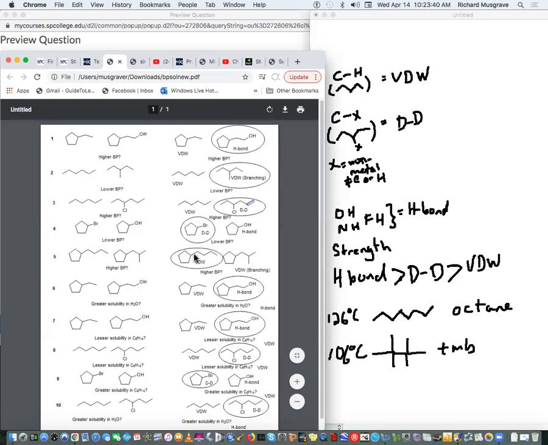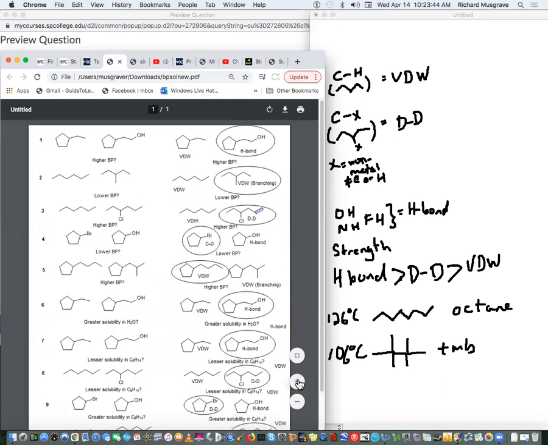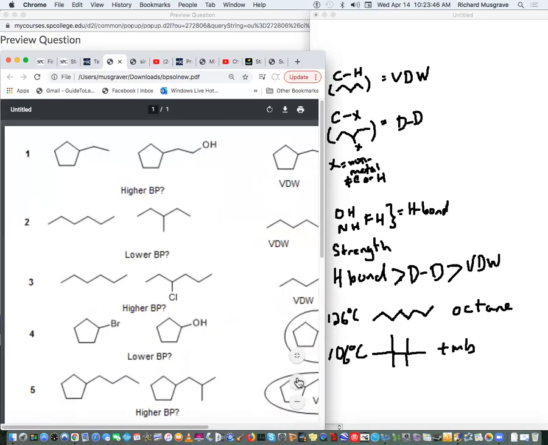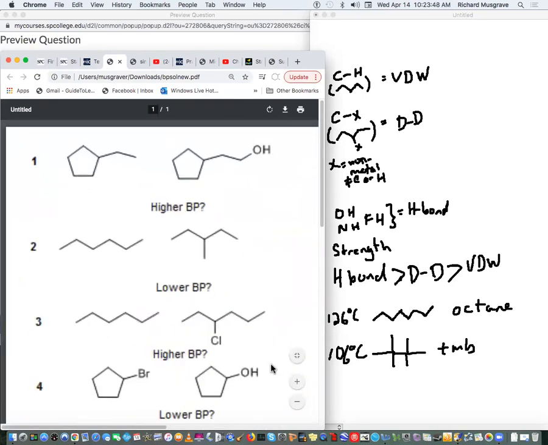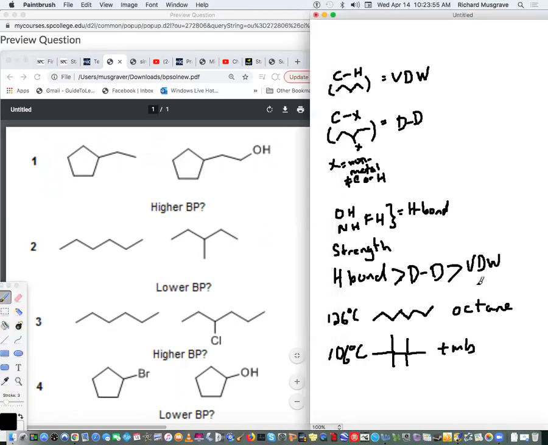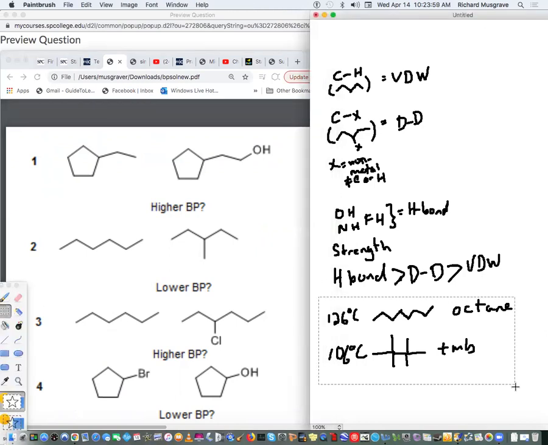Let's enlarge this a bit. Okay, so let me go through some examples here and how you can interpret what's going on. Initially, this is going to be hard, but you'll see it gets easier as we go.